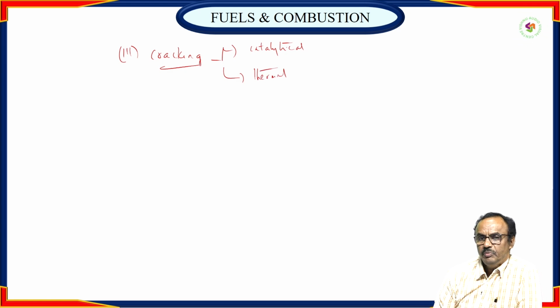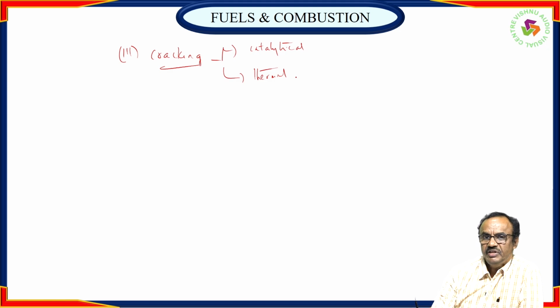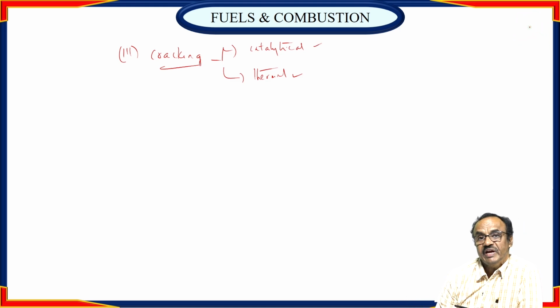In the presence of heat only, at high temperature, breaking of heavy fractions into smaller ones is known as thermal cracking. In the presence of a catalyst and at high temperature, it is known as catalytical cracking.